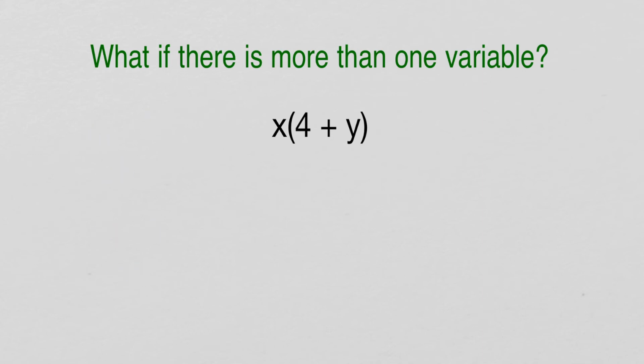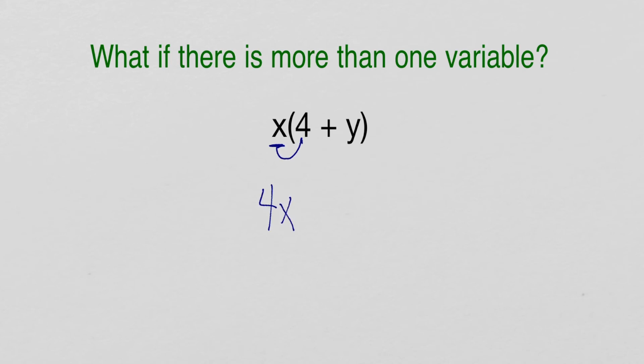Let's look at the problem we have here. Other than the fact that I have two variables, I'm going to treat it the same way I treated my other distributive property problems. I'm going to take the thing on the outside of the parenthesis, which happens to be an x, and multiply it by 4. Now, that is not x4, that's 4x, because anytime you have a coefficient, which is the number with the variable, the number comes first.